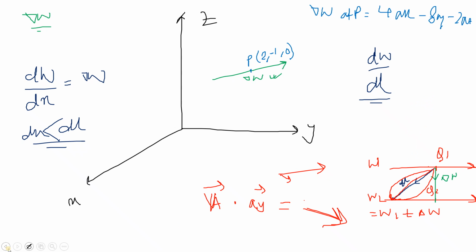The unit vector of this path is along this direction. So unit vector of dl is suppose al, which is nothing but the vector divided by the mod of that vector. Divided by the mod, because if I know the unit vector, then if I multiply dw with that unit vector, it will move along this direction. Then this delta w, gradient of w, will not go along the shortest path; if we multiply with this unit vector, it will go along this unit vector.